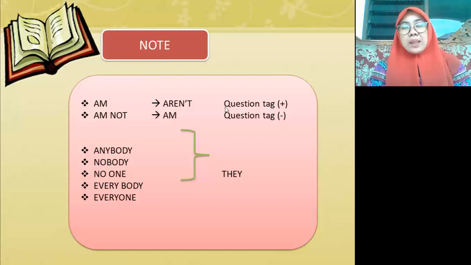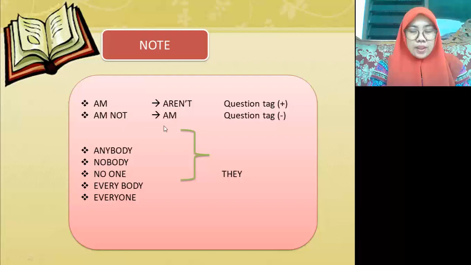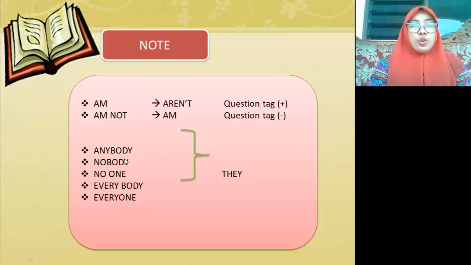It's aren't I if your sentence is positive, so your question tag must be negative. Different with I'm not a student, am I? That's the second note. And the third note: words like anybody, nobody, no one, everybody, everyone, are the same as they.